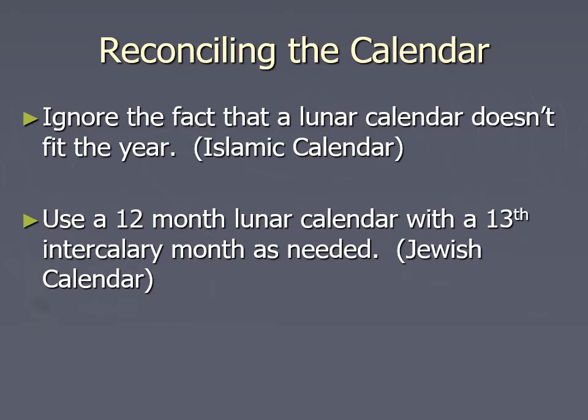So it's either 12 months or 13 months. The problem is this extra month stuck in doesn't follow a really nice, neat pattern. And so someone has to work through a lot of mathematics to calculate which years it's in there and which years it's not in there.